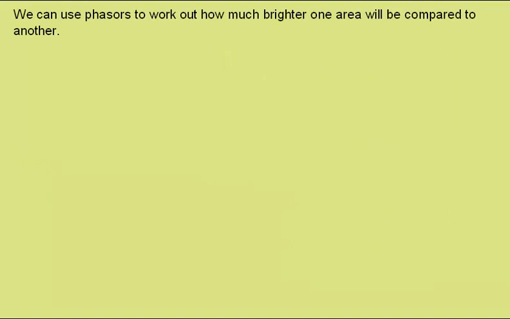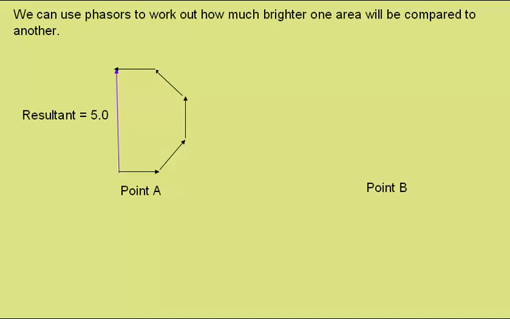We can use phasors to work out how much brighter one area will be compared to another. First point A, the phasors might line up something like this. This is our resultant, with a magnitude of 5. For point B, however, the phasors might line up like this, giving a smaller resultant of 2.4.